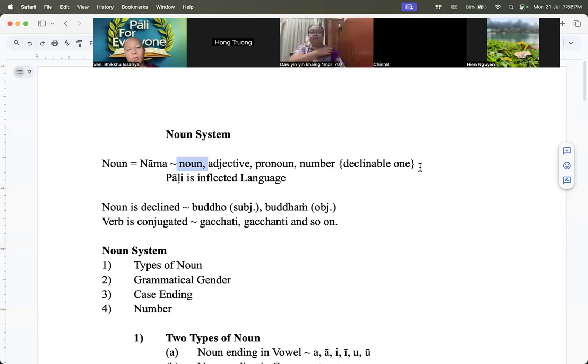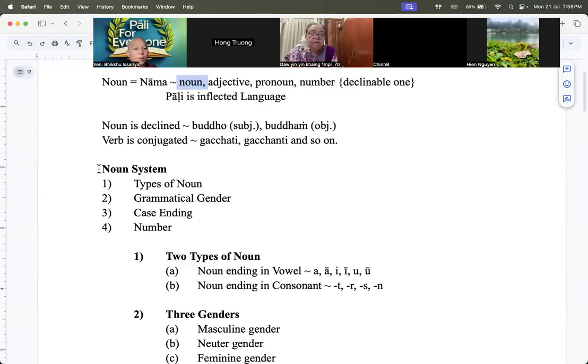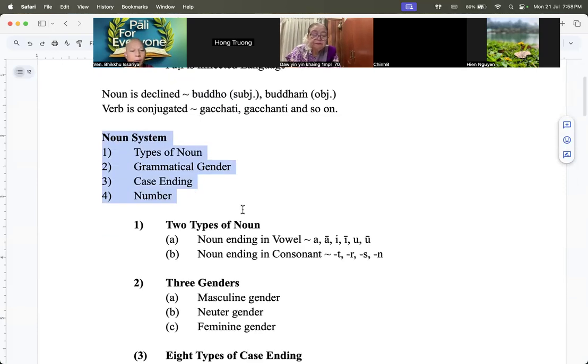So that point we also need to notice. And in the noun system, there are 4 parts mainly we need to understand: types of noun, grammatical gender, case ending and number.